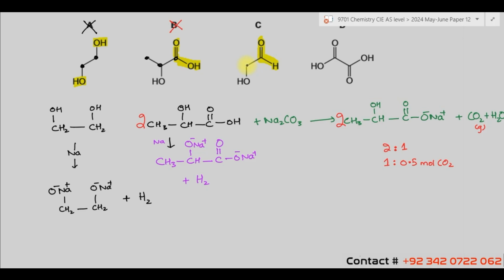Now let's look at C. We have 2 carbon atoms. One part is alcohol, one part is aldehyde. So CH2OH and CHO. We have reaction with sodium and we have reaction with sodium carbonate.